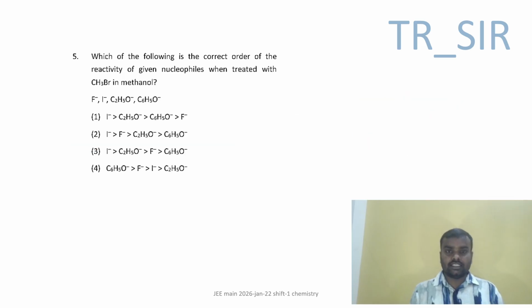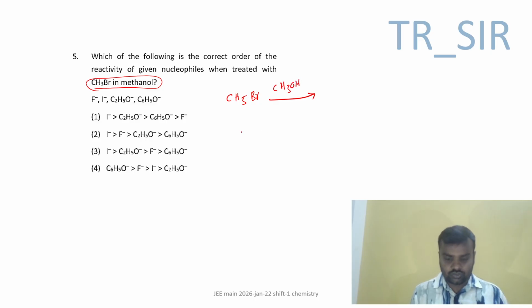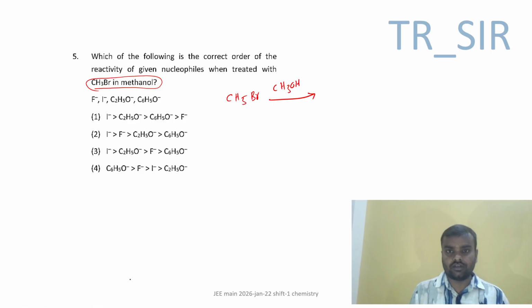Which of the following is the correct order of the reactivity of the given nucleophiles when treated with CH3Br in methanol? First of all, we should know what kind of solvent methanol, CH3OH, is. Methanol is a polar protic solvent.